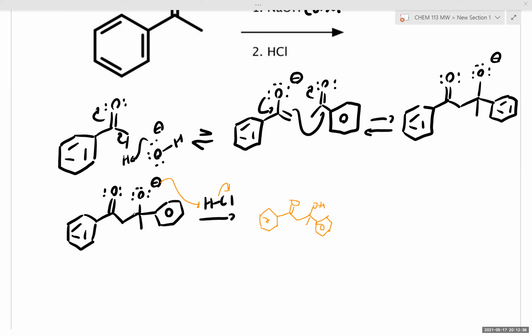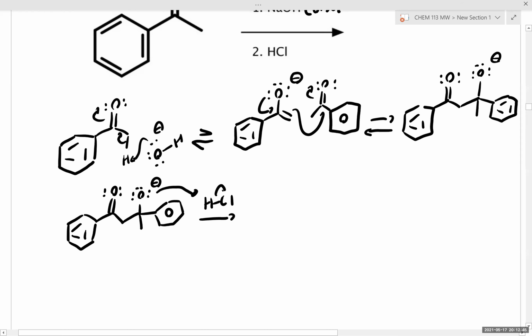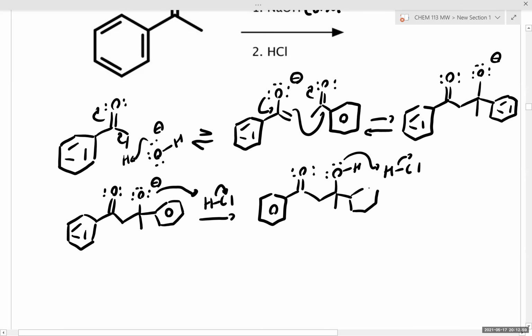So let's show those steps. So we first protonated our alkoxide to quench that basic species. And as we still have excess acid floating around, we can protonate this alcohol again to activate it as a leaving group. Water is a much better leaving group than hydroxide.